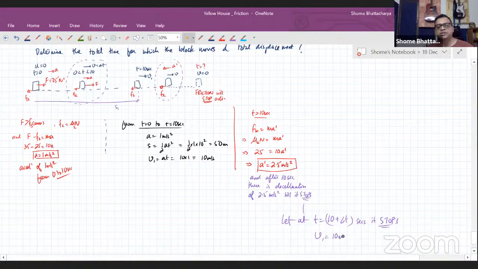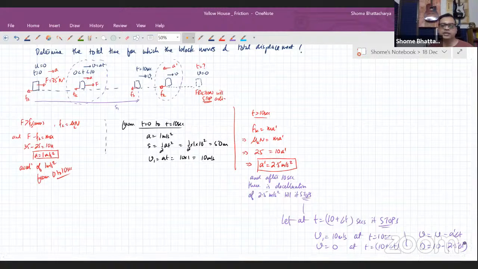It was 10 meters per second at t equal to 10 seconds, and V is 0 at t equal to 10 plus delta t seconds. So this V should be equal to V1 minus a prime delta t. So 0 should be equal to 10 minus 2.5 delta t. So delta t is coming out to be how much? 4 seconds.